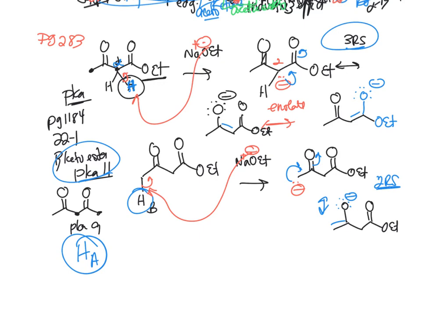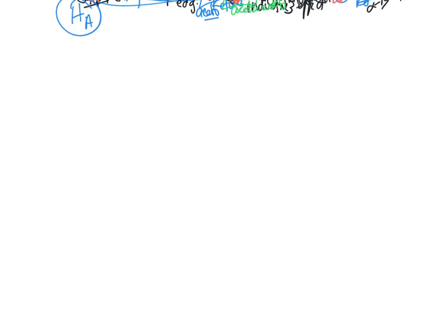Okay, in step 2, the enolate reacts with an alkyl halide. So once we generate this enolate, the first step is to generate your enolate. So let's draw that. So step 1, you have generated your enolate between these 2 carbonyl groups, and then you're going to react it with an alkyl halide.